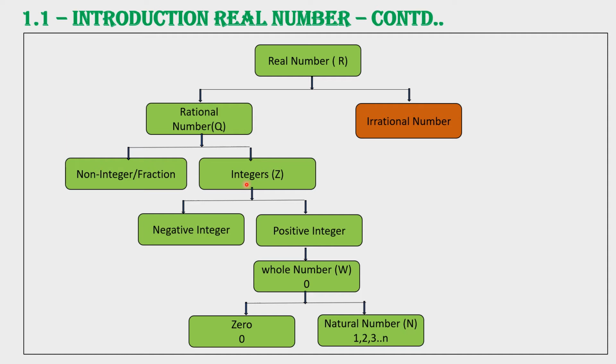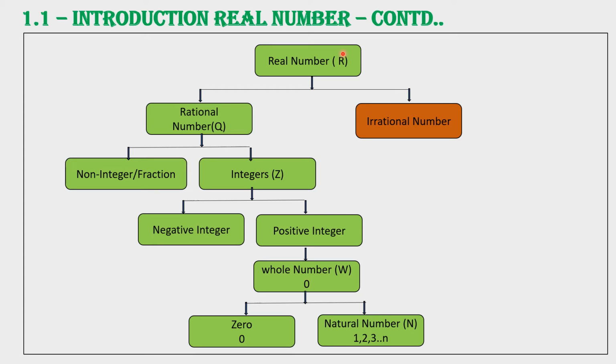Now we combine integers with the non-integers, the numbers which cannot be represented in the form of an integer, but can be represented as a fraction in the form of p by q. These are called non-integer fractions. The combination of non-integers plus integers are called rational numbers, and we represent rational numbers with capital Q. Now rational numbers plus irrational numbers form real numbers, which is the basis of this chapter.